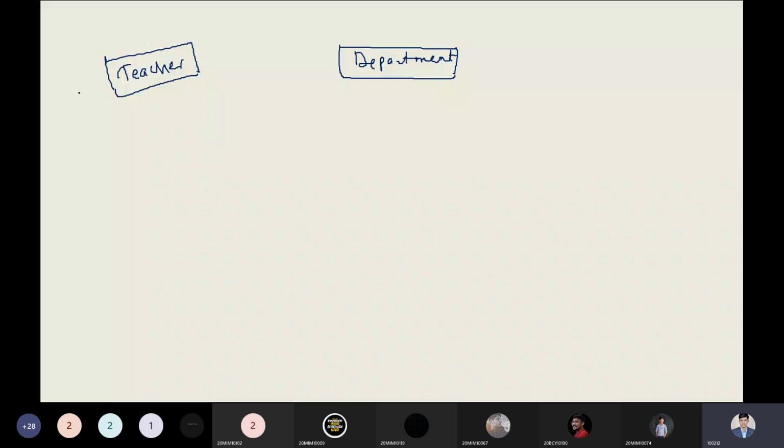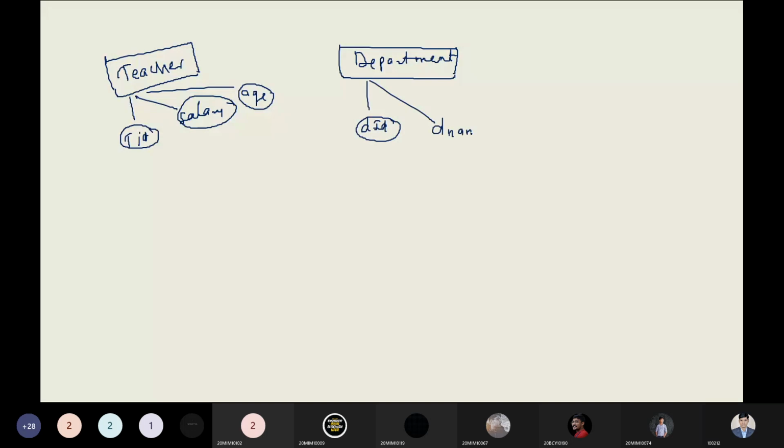A teacher can have teacher ID, teacher salary, teacher age. And department also has department ID, department name. And we can say there are some courses, which are offered by the department.